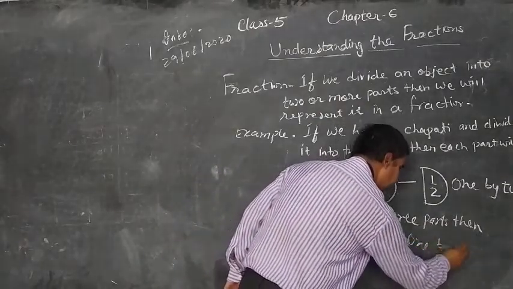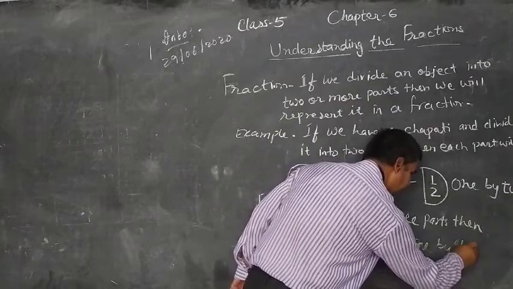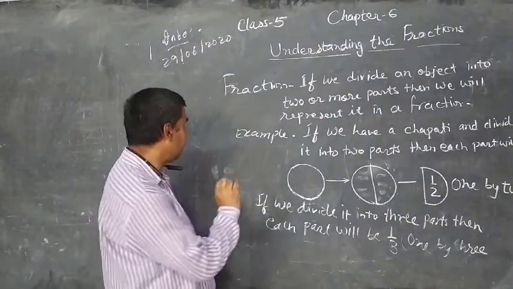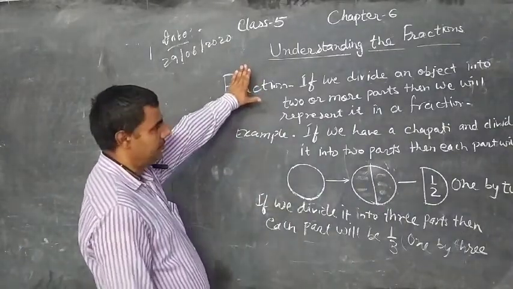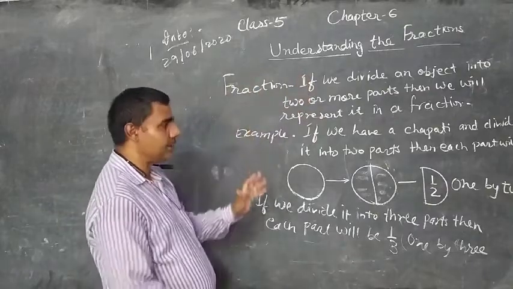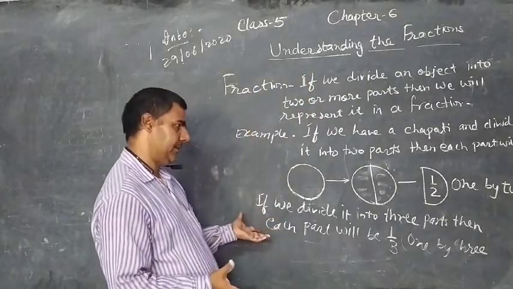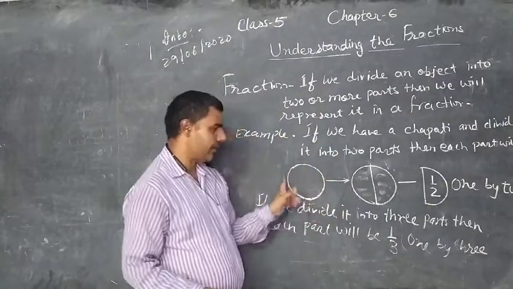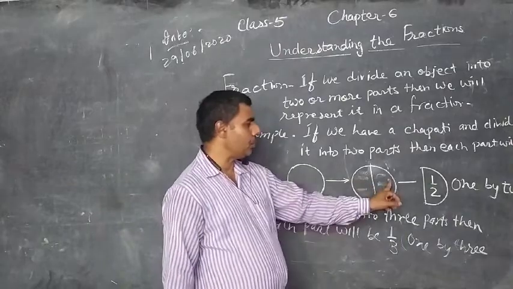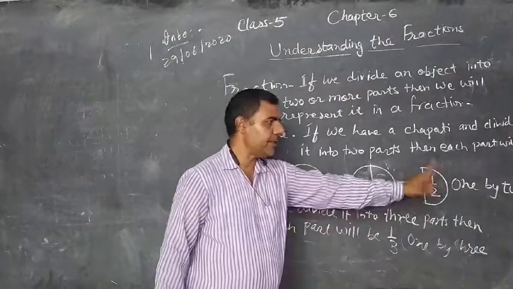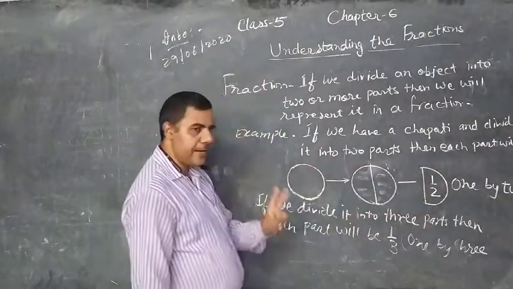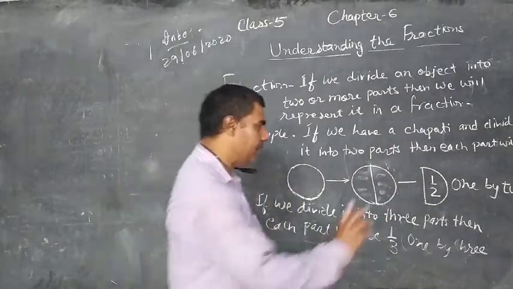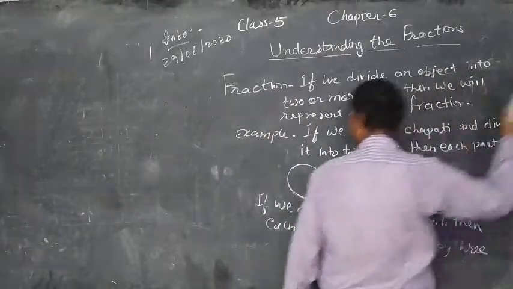Now you can understand the fraction: if we divide an object into two or more parts, then it is called a fraction. Suppose we have a chapati and divide it into two parts, then each part will be 1 by 2. If we divide it into three parts, then each part will be 1 by 3.